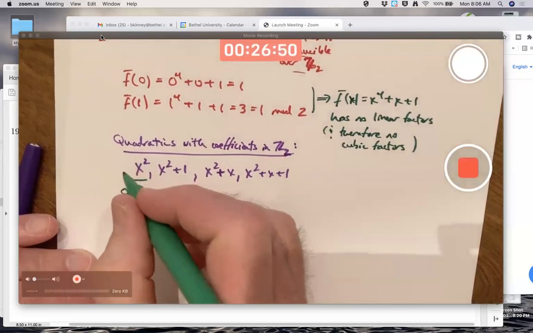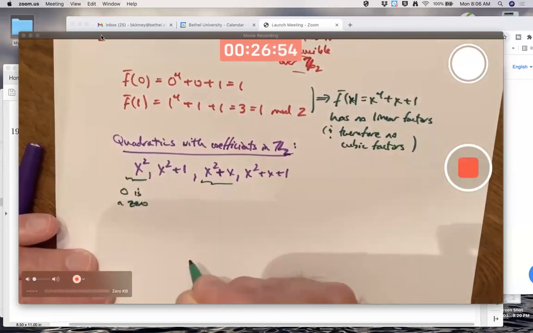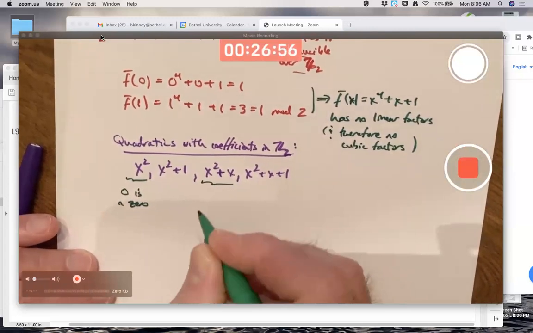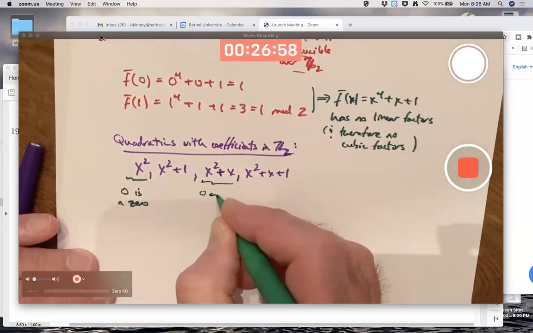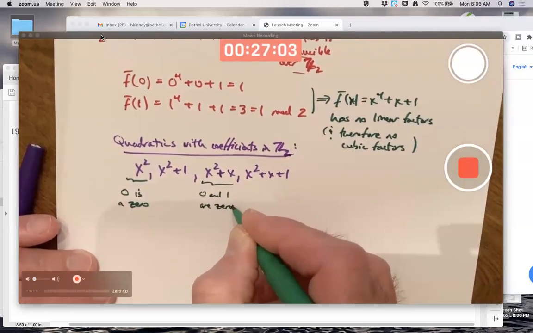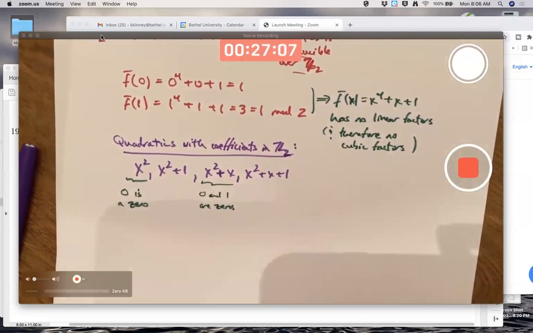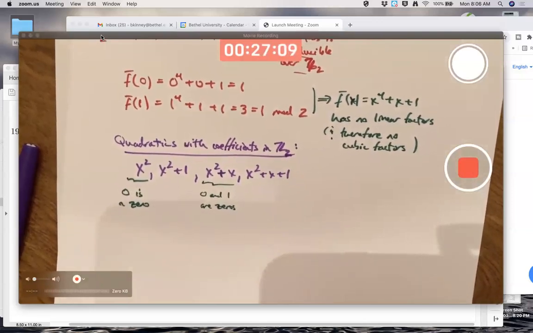So that rules out that one. This one also has 0 as a root. And in fact, it also has 1 as a root. 0 and 1 are zeros. Again, the word zeros means numbers that make them 0, synonymous with root.